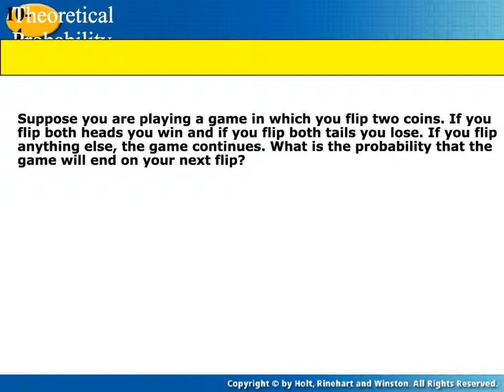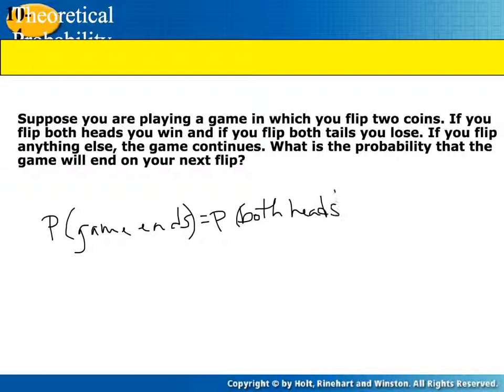So what we want to do is find the probability the game ends. And we find that by finding the probability of getting, well, how do you win? By getting both heads. And how could you lose? By getting both tails.